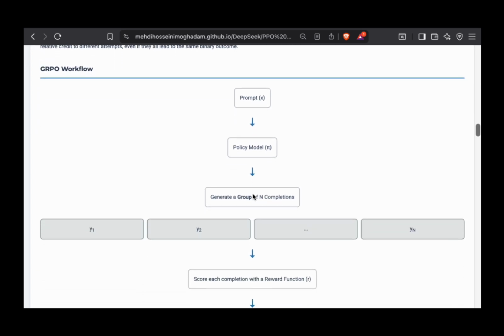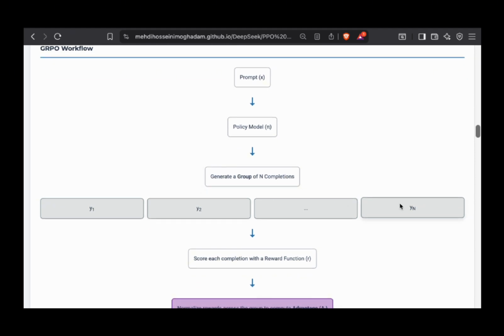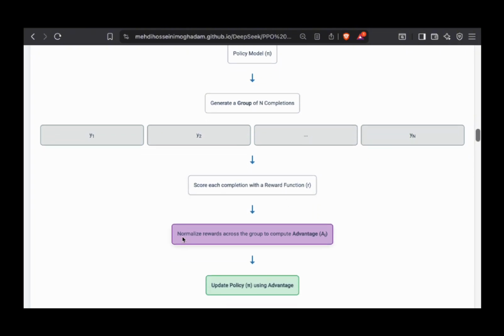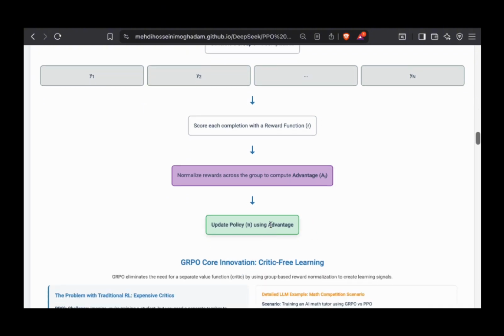We have a prompt, we have policy model pi, we generate a group of n completions, y1 up until yn, score each completion with a reward function r, then normalize rewards across the group, compute the advantage A of i, and then we update the policy based on that.